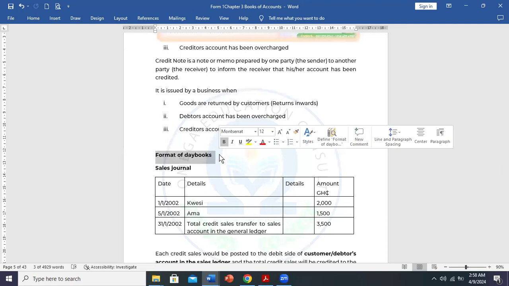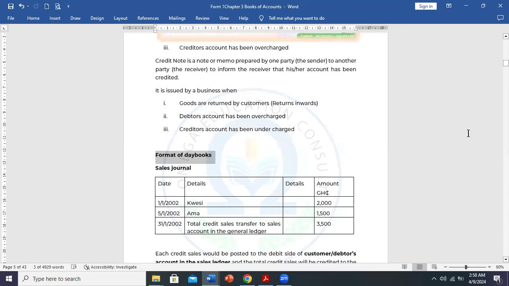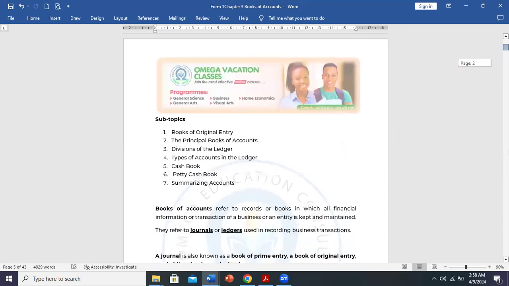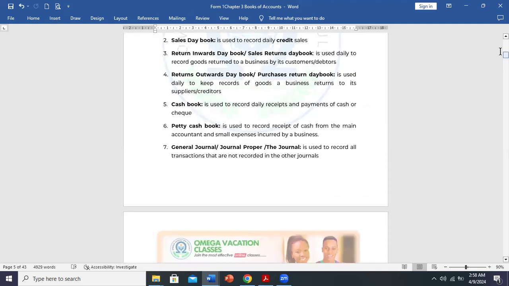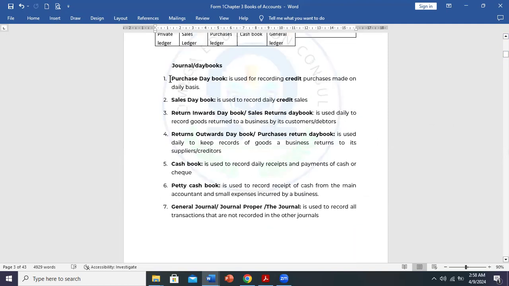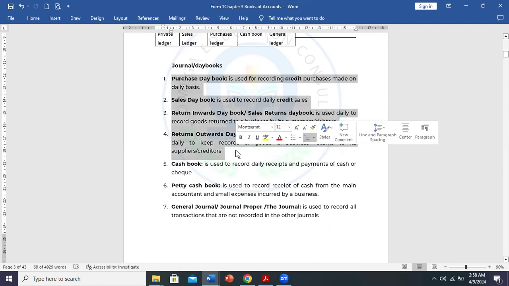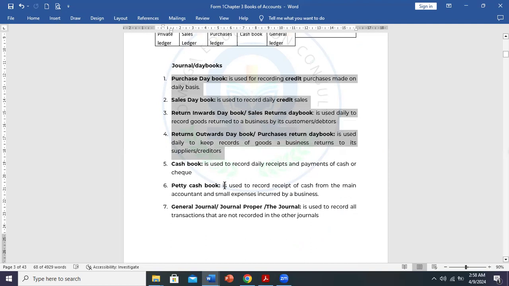Fortunately for us, the first 4 day books, that is the purchases day book, sales day book, return inwards and return outwards, these first 4 have the same format. When I say the same format, I mean the columns are the same for all these 4. And then the remaining 3 come with different formats.